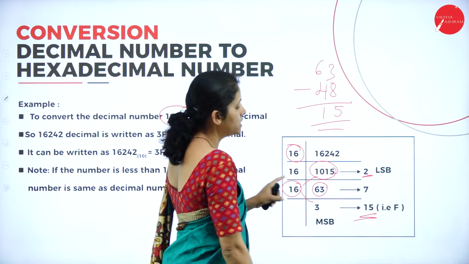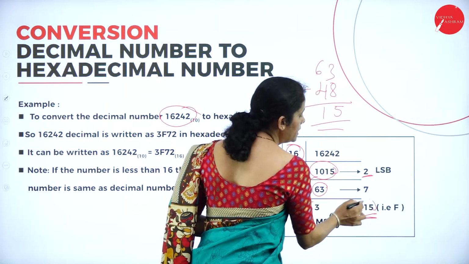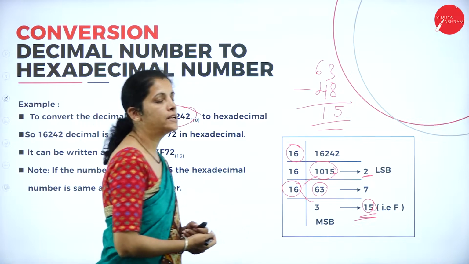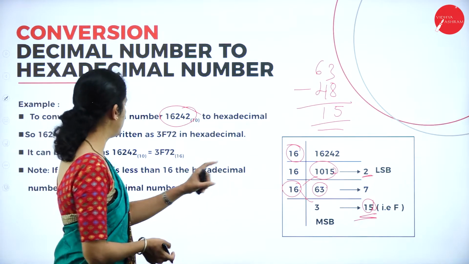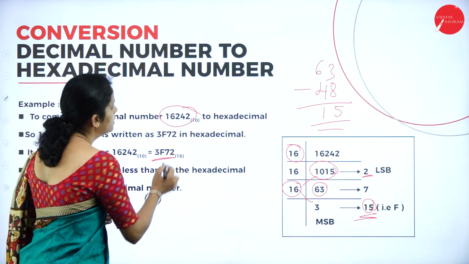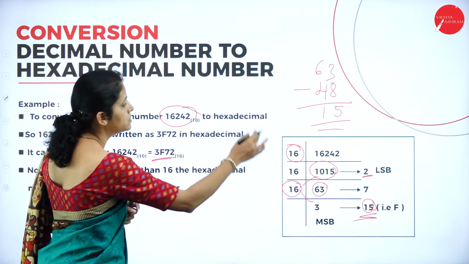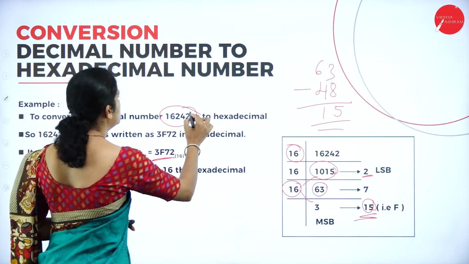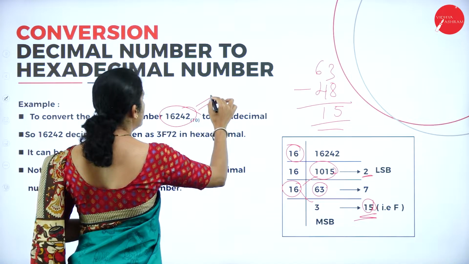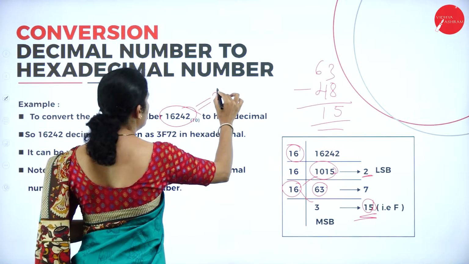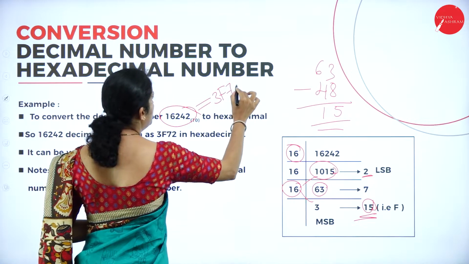Now it is my hexadecimal digit. For that reason, to represent 15, I'm going to use the letter F. So I'm going to get the result 3F72. So this is the hexadecimal equivalent of the given decimal number.